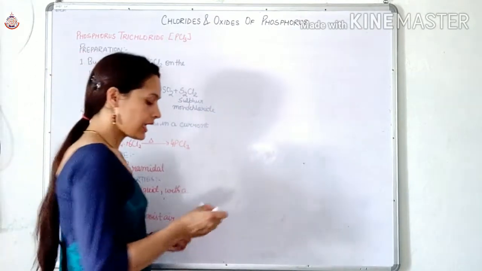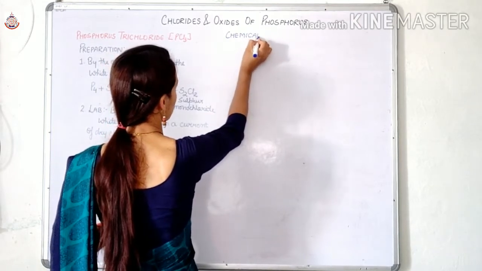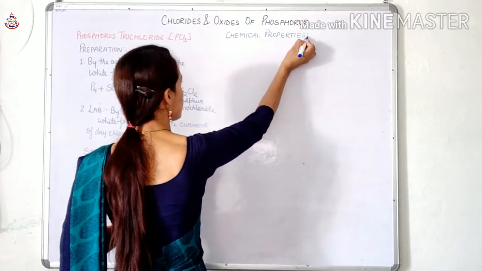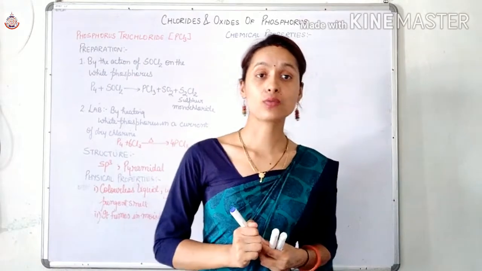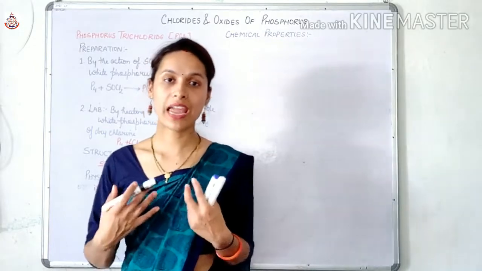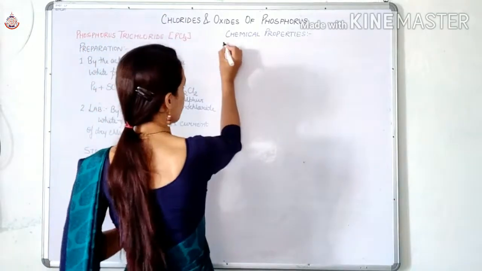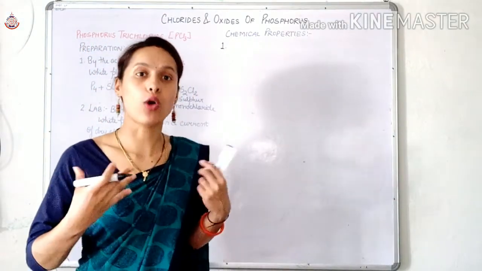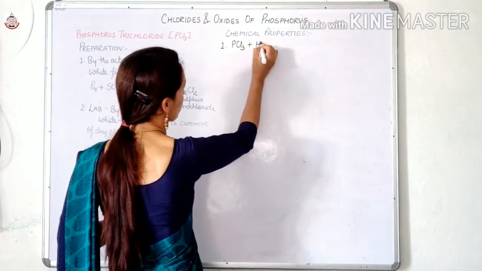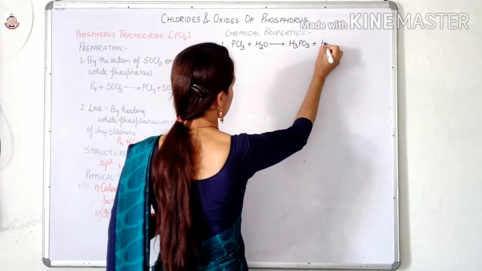Now, we will talk about the chemical properties of PCl3. First, the reaction with water. PCl3 reacts violently with water, meaning the reaction is very fast, and it forms H3PO3 plus HCl.